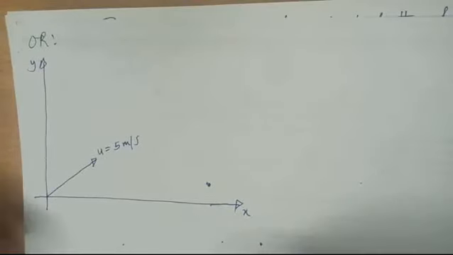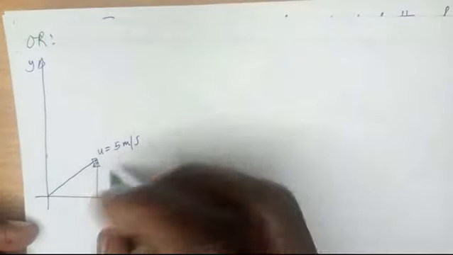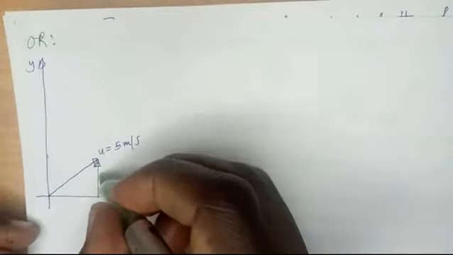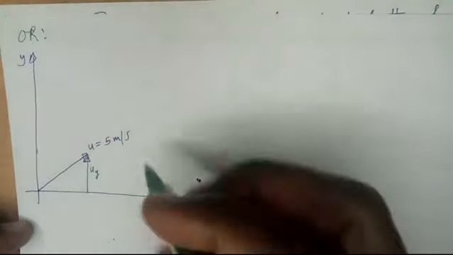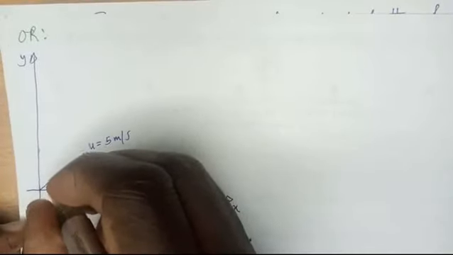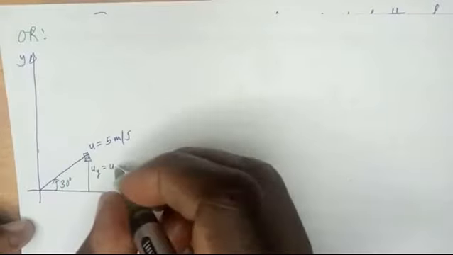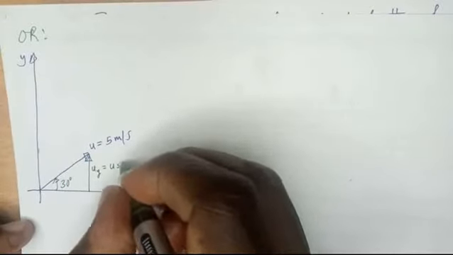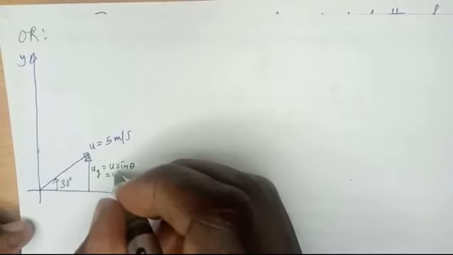Then this has a component along here, and its component along the vertical is u sub y. This u sub y makes an angle theta here. The angle is 30 degrees as given, so this is u sine theta.